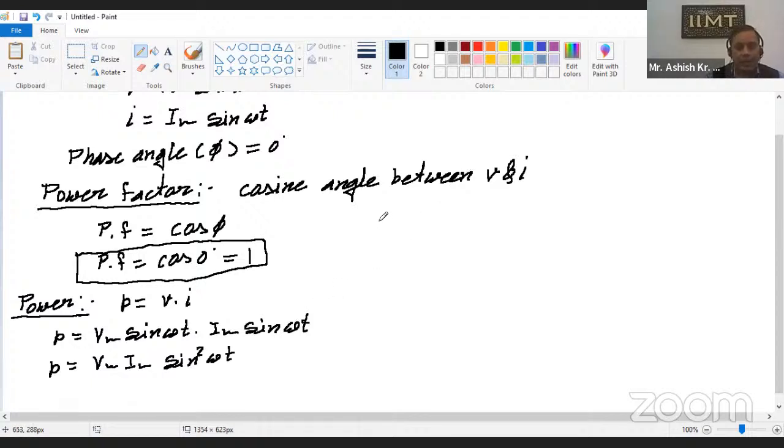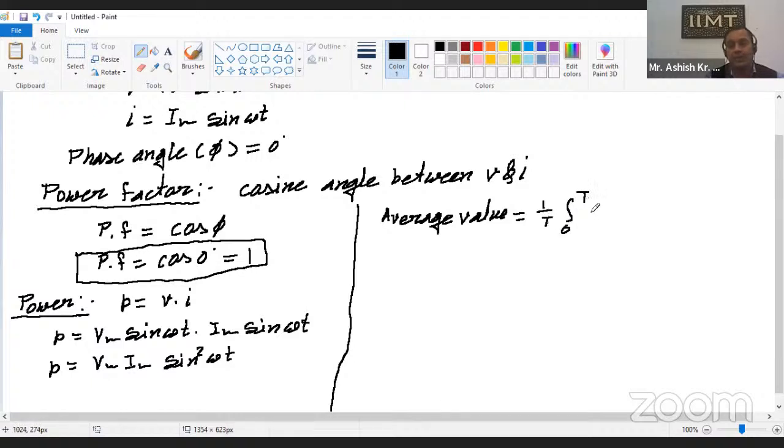For calculating the average value, the formula is 1 upon T, integration from 0 to T, f(t) dt, where T is the time period, that is, the time taken by an AC cycle to complete 1 cycle.